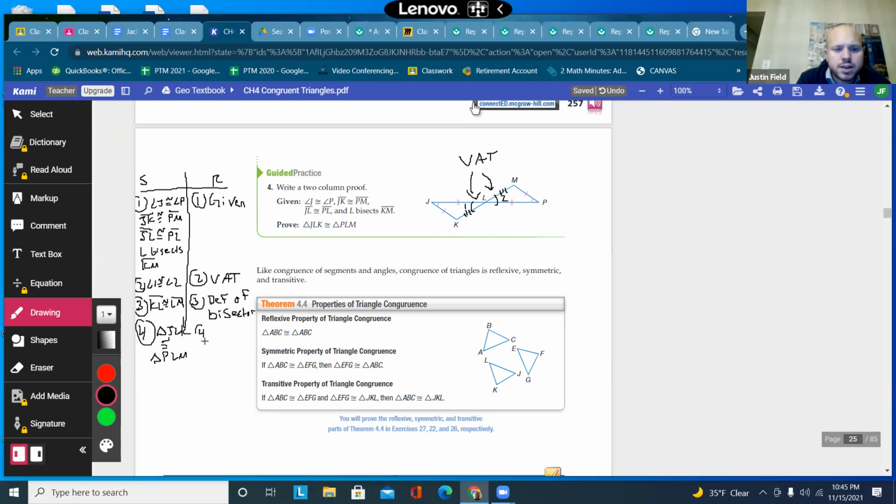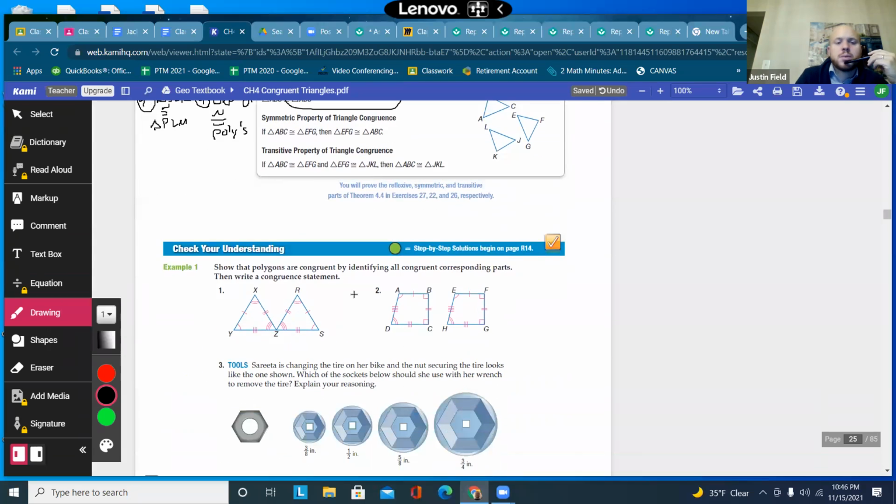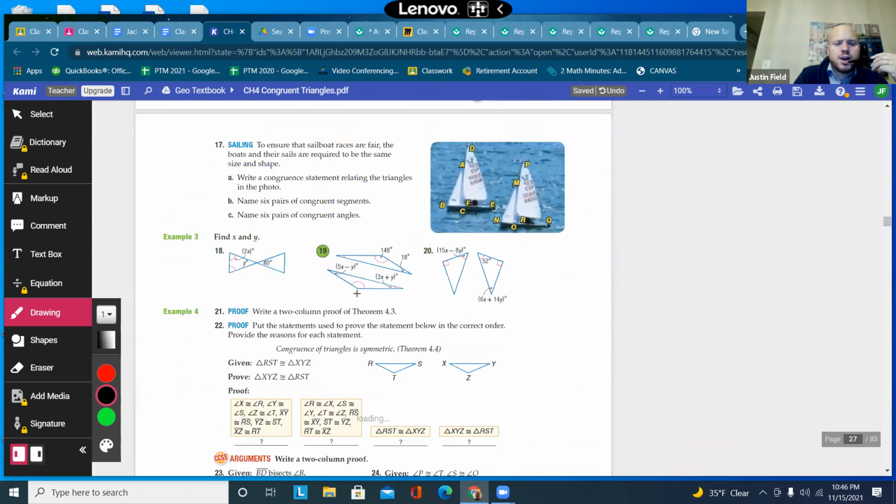And the reason is definition of congruent polygons. Woo. All right. Yep. Remember the reflexive property, not necessarily of triangle, but of segment congruence and angle congruence. Okay.